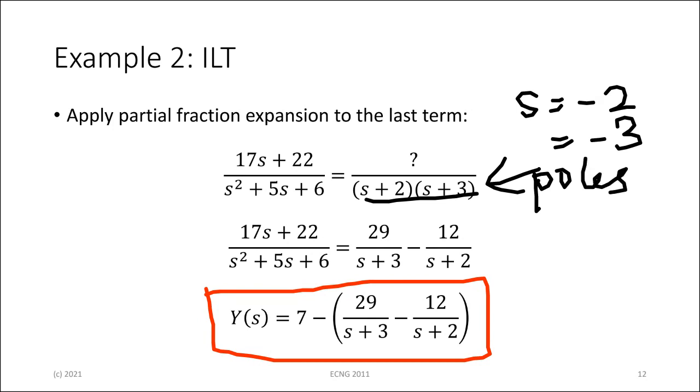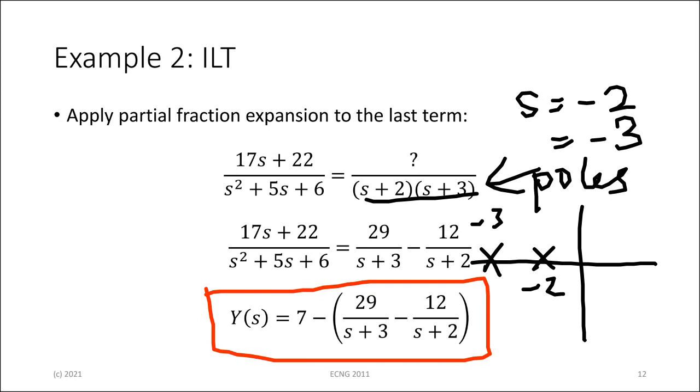Okay? So where would those be located? If I were to draw it on the S-plane, s equal to -2 would be here, and -3 would be something like this. Notice this is point 0. This is real, and this is imaginary.